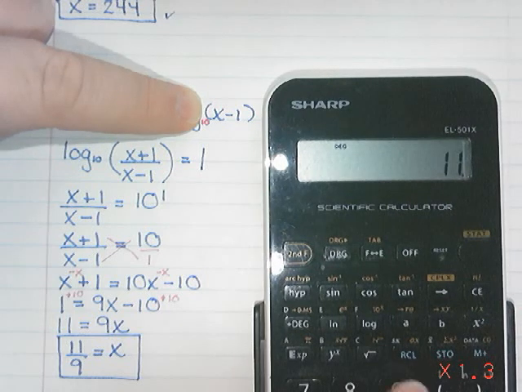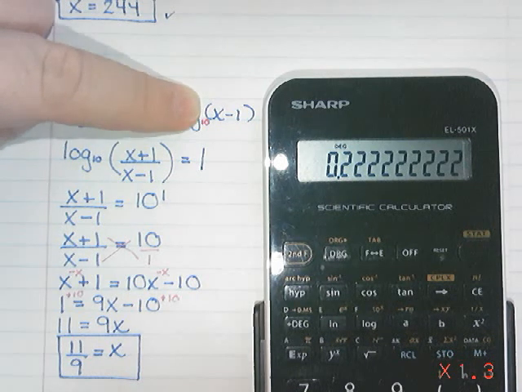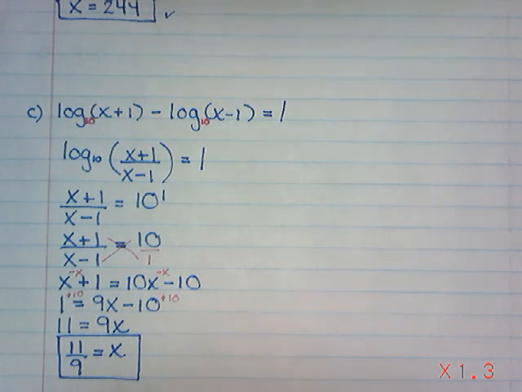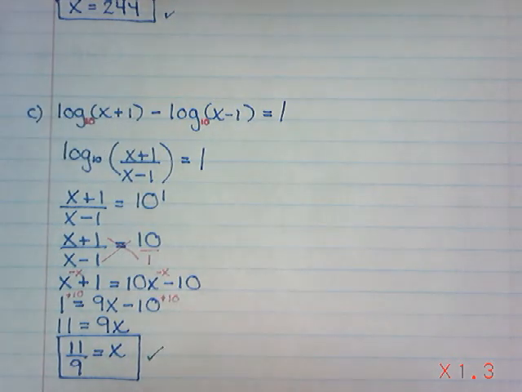So 11 divided by 9, take away 1, is 0.222, also not 0, also not negative, meaning it is okay, right? If it wasn't, I would cross it out, and then I would say there were no solutions, but it is okay. Not that it's correct, but just that it would work in that equation. If I put that number back into the equation, I wouldn't get an error.